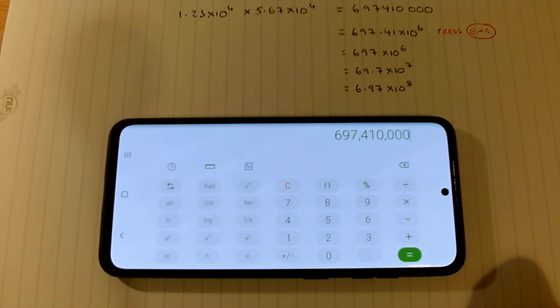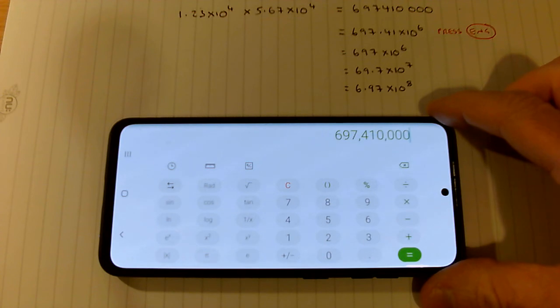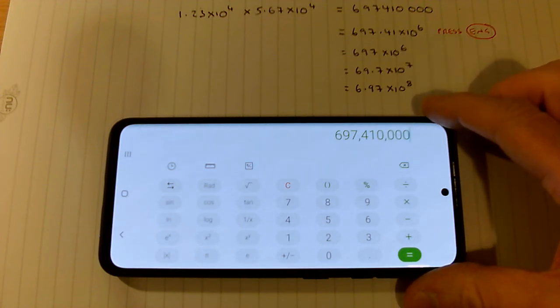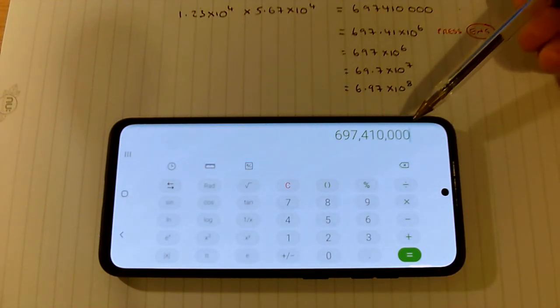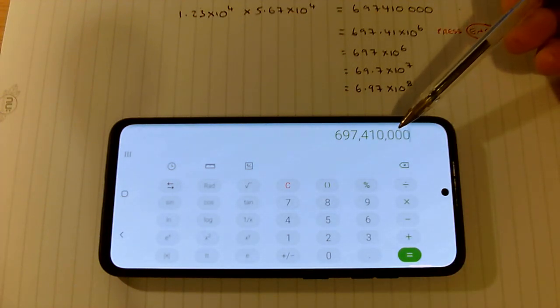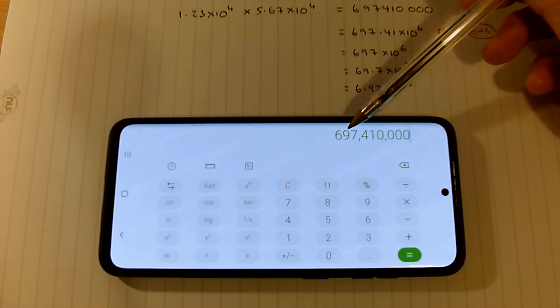Now the problem we have here, on phone apps, is there's no way to express that final answer in scientific notation other than you counting and working it out. So if we go back to the counting idea, 1, 2, 3, 4, 5, 6, 7, 8.